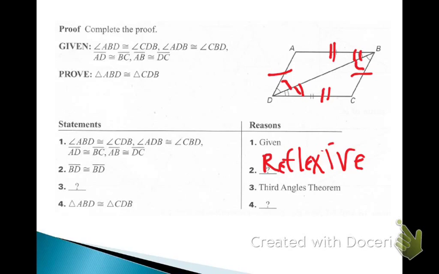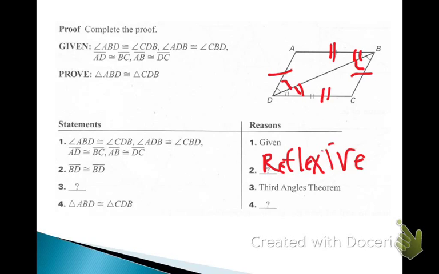What do we know by the third angles theorem? The third angles theorem says that if two angles of a triangle are congruent to two angles of another triangle, their third angles are congruent. So what could we say here by the third angle theorem? Do we know that two angles in the one triangle are congruent to two angles in the other? We do. So what's our third angles? Megan? What would our third angles be? I'm not sure.